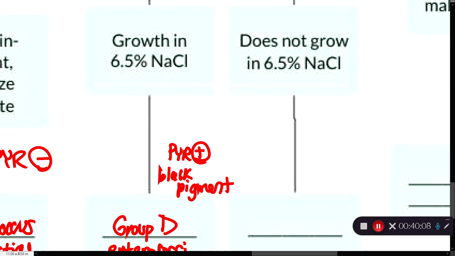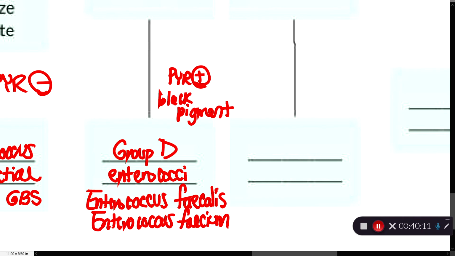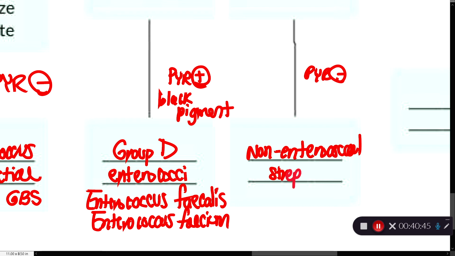Whereas if it does not grow in a high salt content, and it's going to be PYR negative, it might be this agent that often colonizes the gut, and it's associated with bacteremia and subacute endocarditis, and it can be associated with colon cancer. This is going to be your non-enterococcal streptococci.